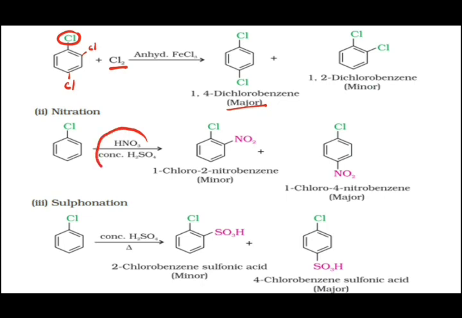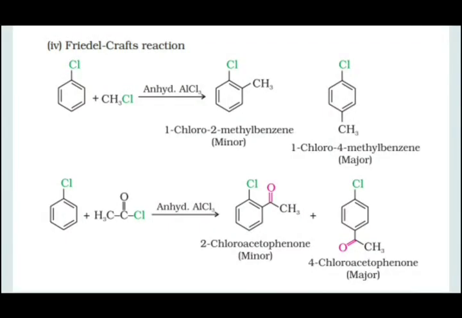This is the nitration reaction. Concentrated H2SO4 plus HNO3 is called the nitrating mixture. So the NO2 group may be introduced at ortho and para, and the para product will be major. This is the sulfonation reaction, concentrated H2SO4 and heating. Here also the para product is major. Then in Friedel-Crafts alkylation and acylation also the para product will be major.